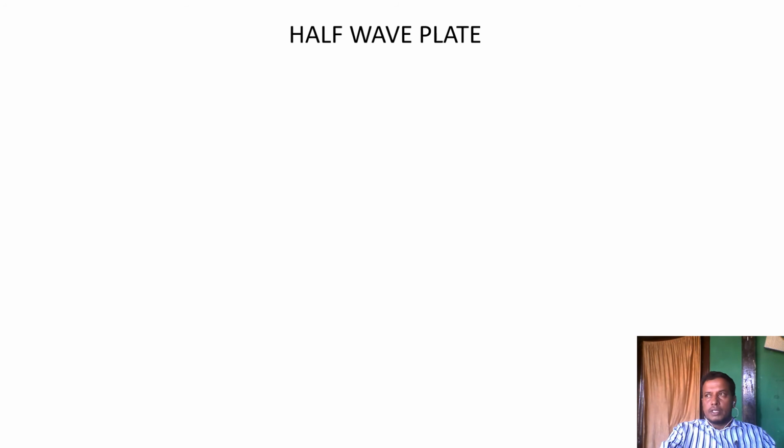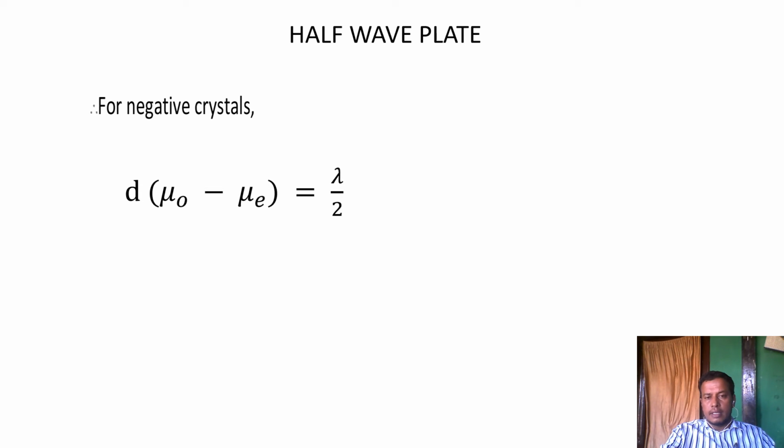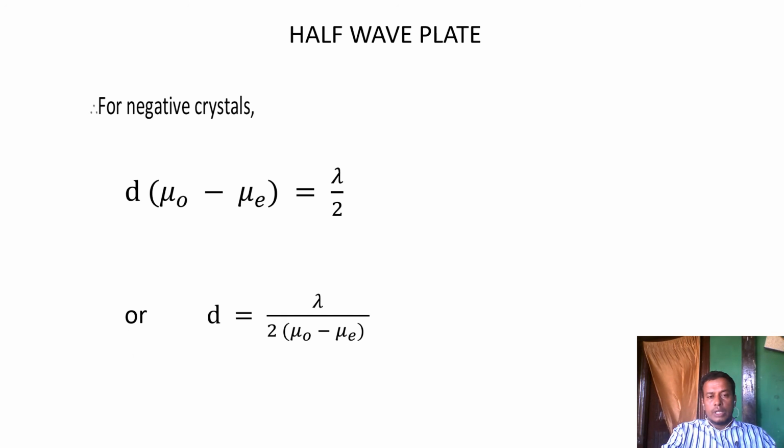So for calculations for the half wave plate, for a negative crystal, the path difference is lambda by 2, that is d into mu naught minus mu e is equal to lambda by 2. Simplifying, we get d is equal to lambda by 2 into the difference of their refractive indices.